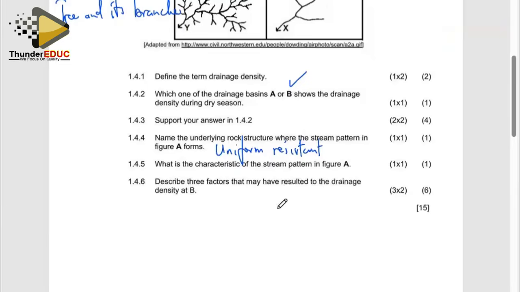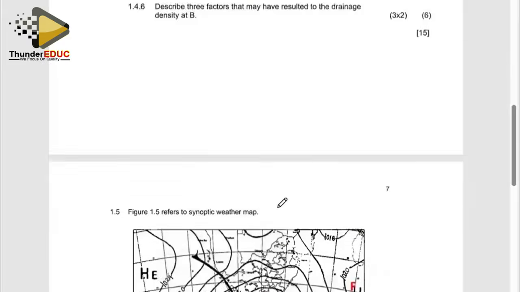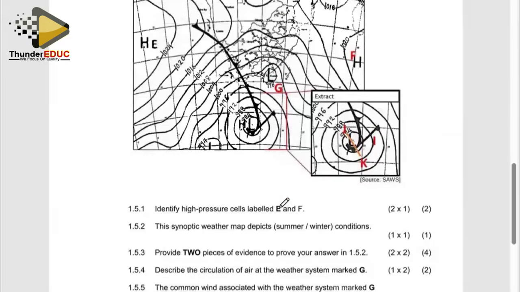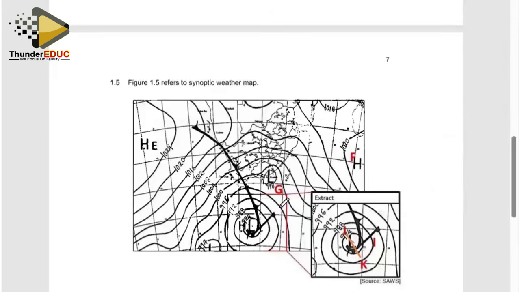Right. That takes us to the next question. We are just also going to discuss a question on climate and weather, which is a synoptic weather map. By merely studying our synoptic weather maps, we must be able to figure out aspects. I'll just highlight critical aspects that you must note there.